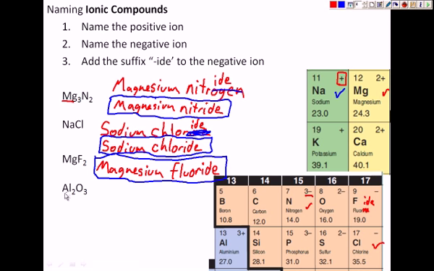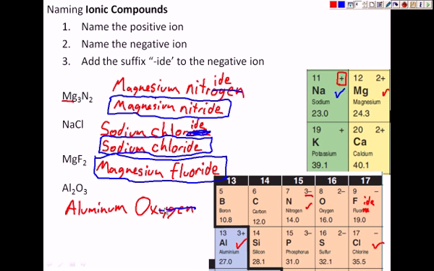And our next one, Al2O3. I find Al on the table and name it aluminum. I then find O, which is oxygen. Now, oxygen is interesting in that it has a very long suffix.